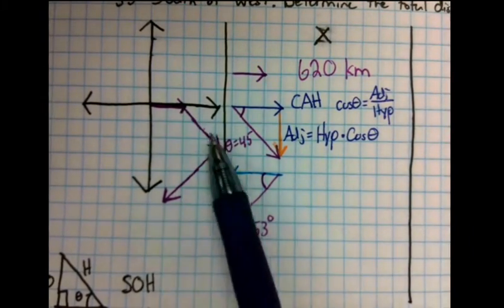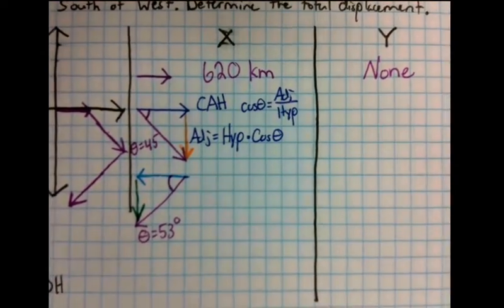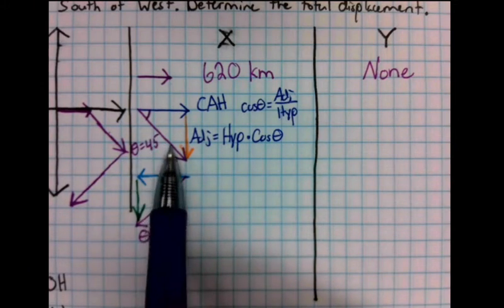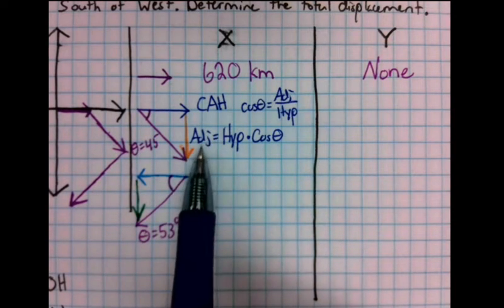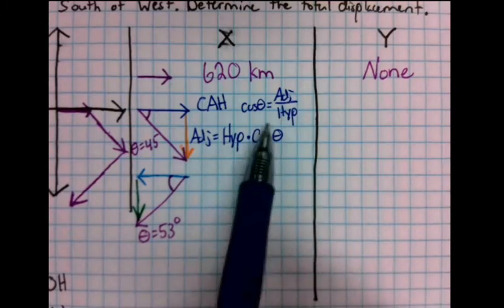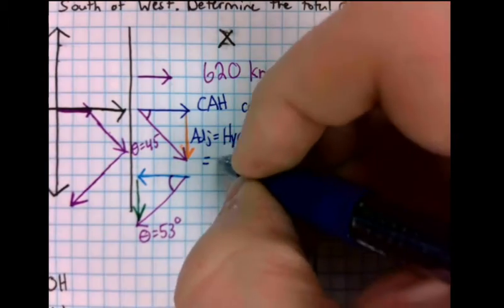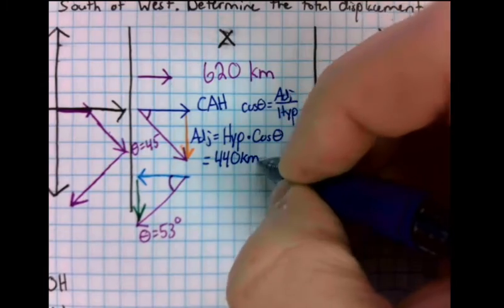We're now dealing with this downward angle here. And since we want to know this piece right here, we know the hypotenuse. The hypotenuse was given to us back up here in the problem. And we want our adjacent piece. So we're just going to do cosine theta equals adjacent over hypotenuse. Multiply hypotenuse to the other side. So we'll get adjacent equals, our hypotenuse in the above question is 440 kilometers.